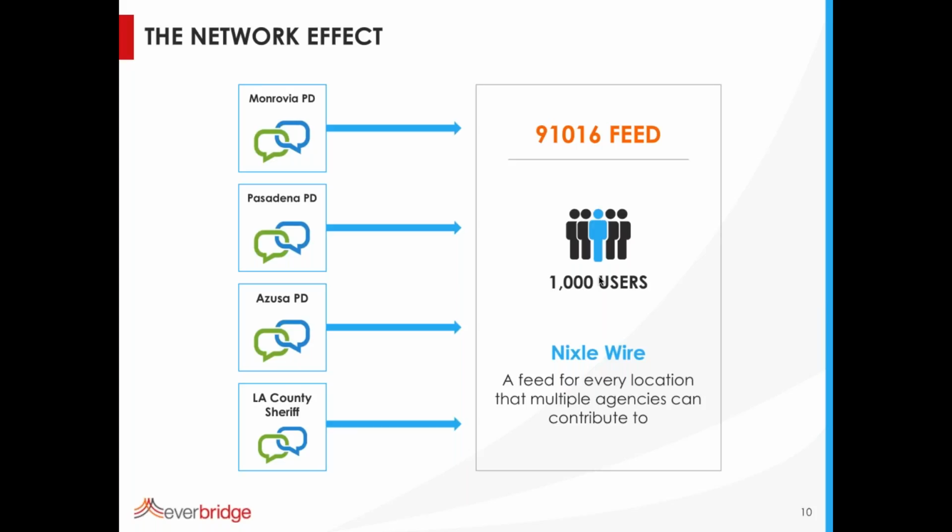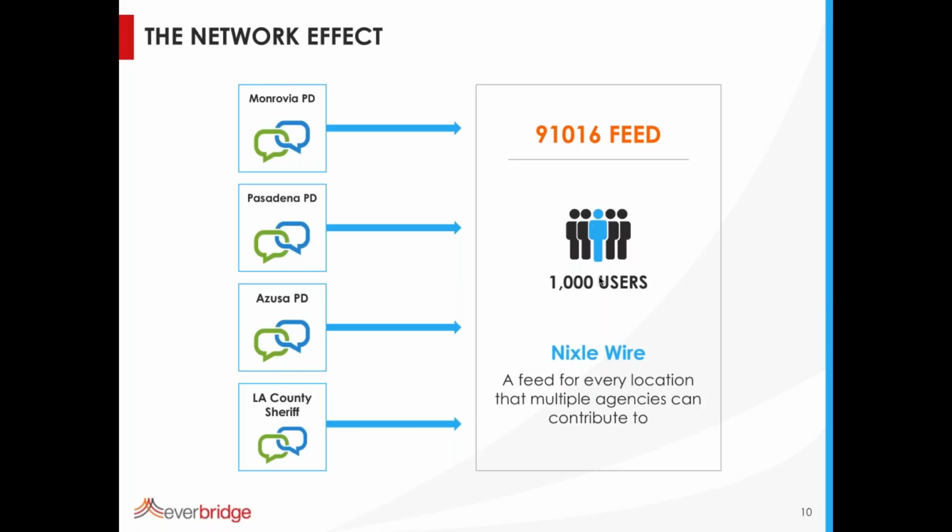They would be starting with this same group of 1,000 opt-ins. Because again, that resident has essentially indicated to us by opting in that they want to receive all public safety information for their zip code. So this is what we call the network effect. It makes sure that when you start with the Nixle system, you're not starting from 0 users.